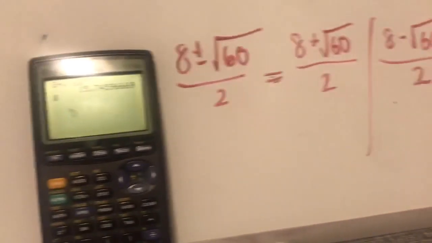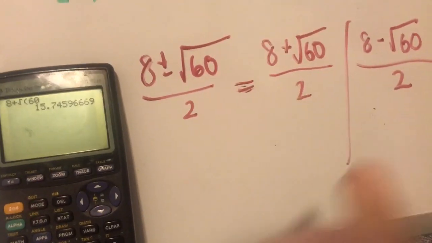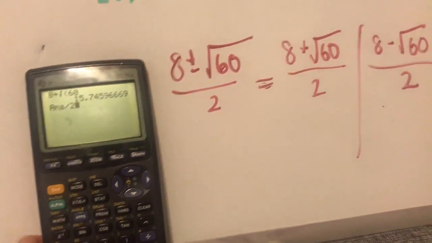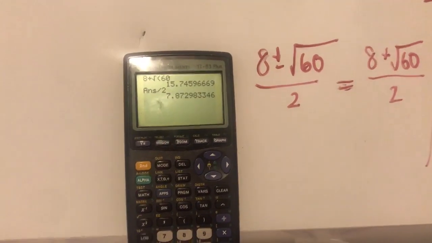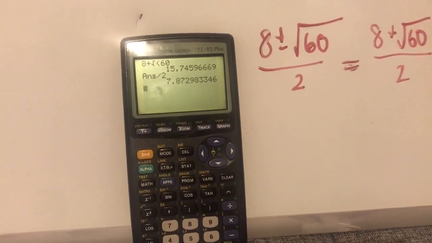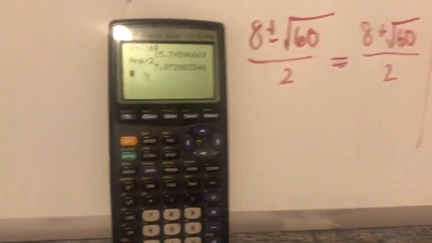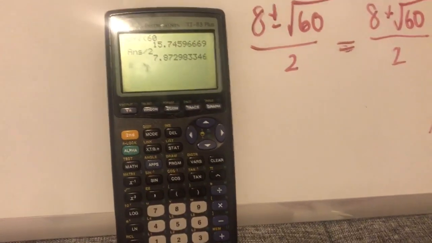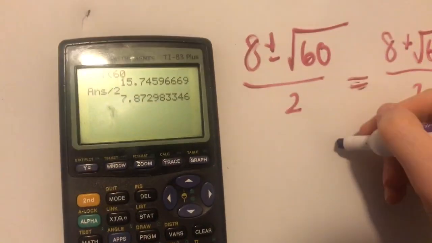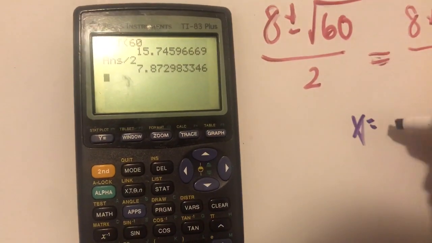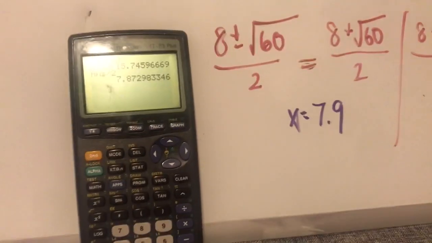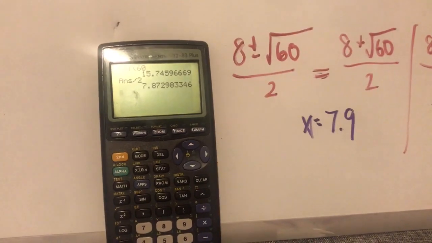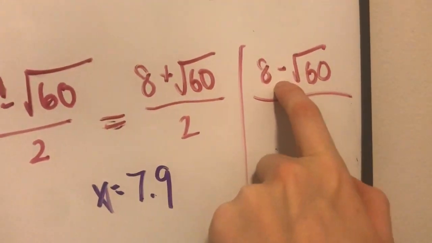But I'm not done because I'm dividing that whole thing by 2. And when I do that, I get 7.872, that long decimal. But I'm asking you to express it to the nearest tenth. So I know this really means that x is equal to 7.9 when rounded properly.